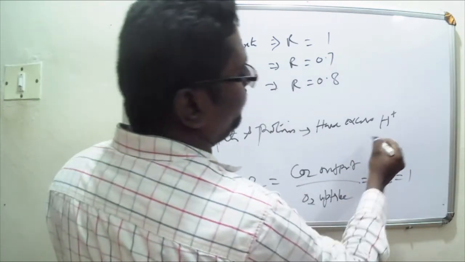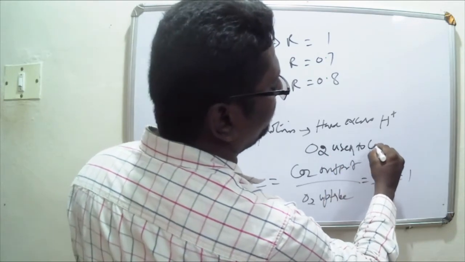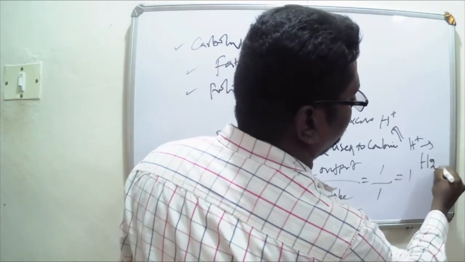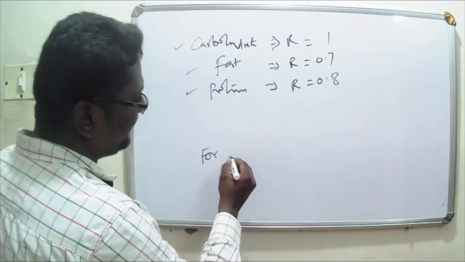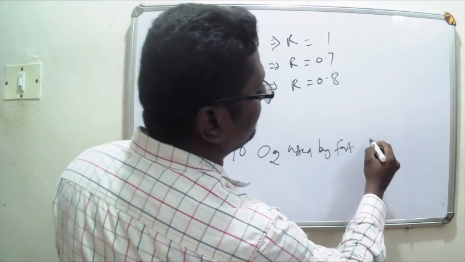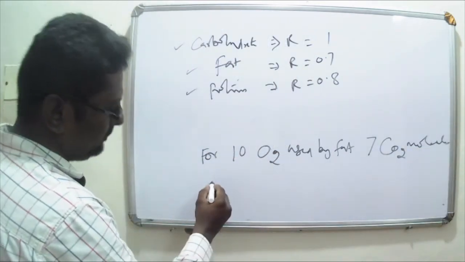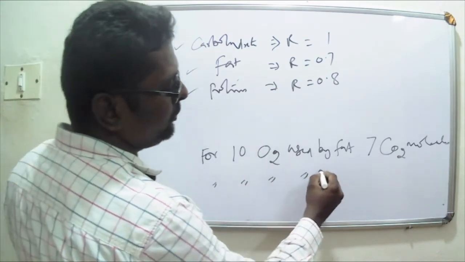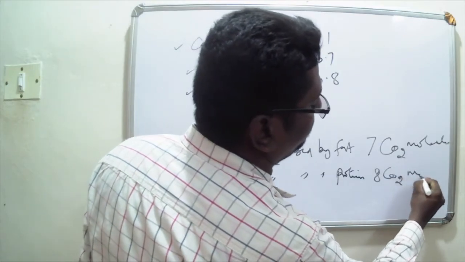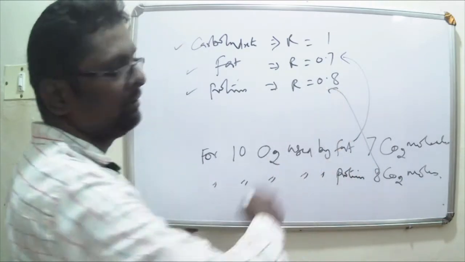So a portion of oxygen is used to combine with this H plus to form water. Therefore for each 10 oxygen molecules used by fats, 7 carbon dioxide molecules are formed. Similarly for each 10 oxygen molecules used by protein, 8 carbon dioxide molecules are formed. That's why the values are 0.7 and 0.8.